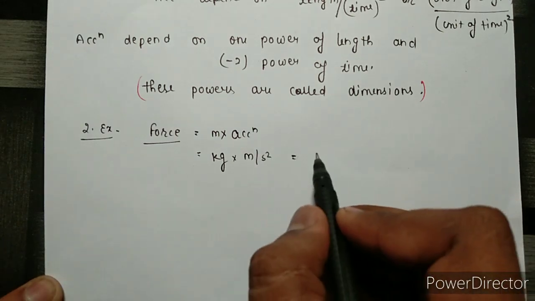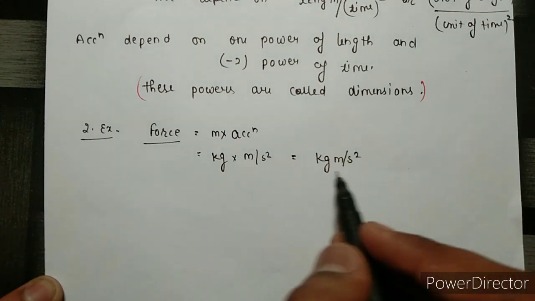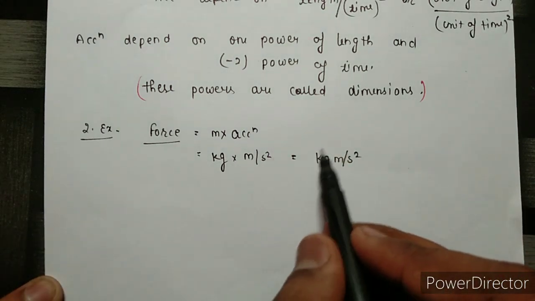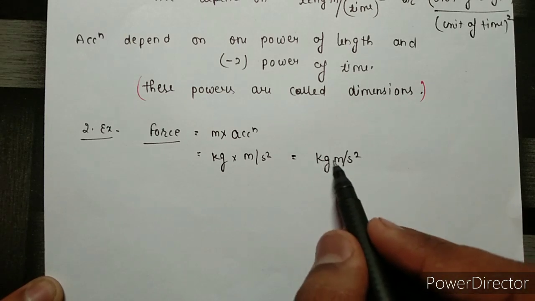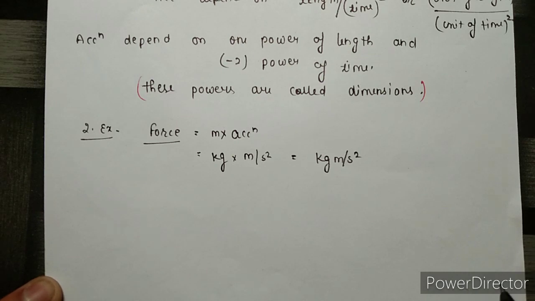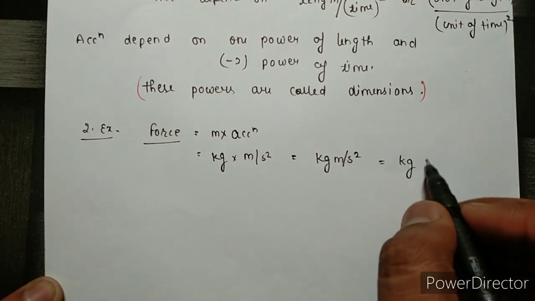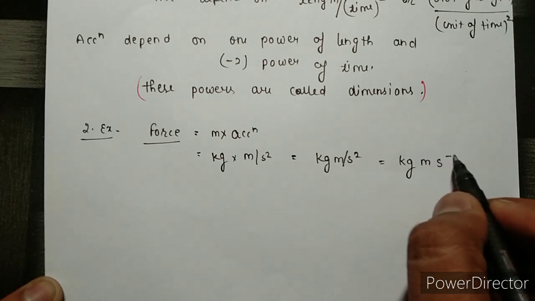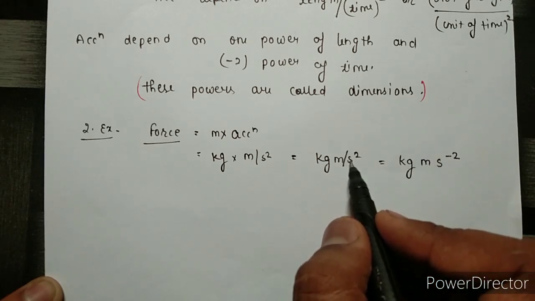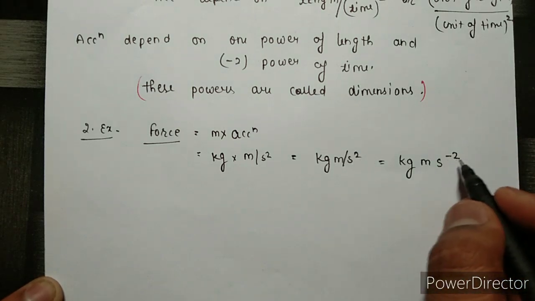So we can say that kilogram meter per second square is the unit of force, because this unit is made by kilogram, meter and second, and these three are basic units. That's why we can say that force is a derived unit. Now this unit we can also write as kilogram meter second minus 2, because when the second power is taken up it becomes minus 2.